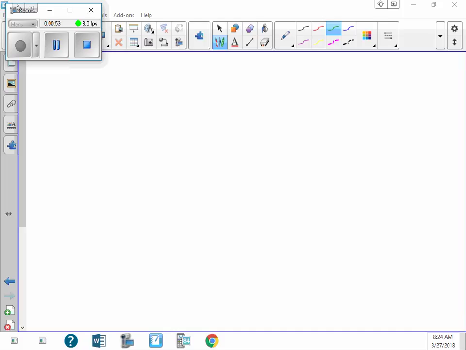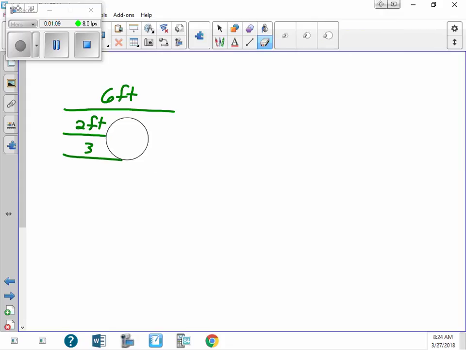For instance, let's say I gave you a stick that was 6 feet long. And then I gave you another stick that was 2 feet long. And another stick that was 3 feet long. Oops, I didn't draw those very well. Can I make a triangle using those?